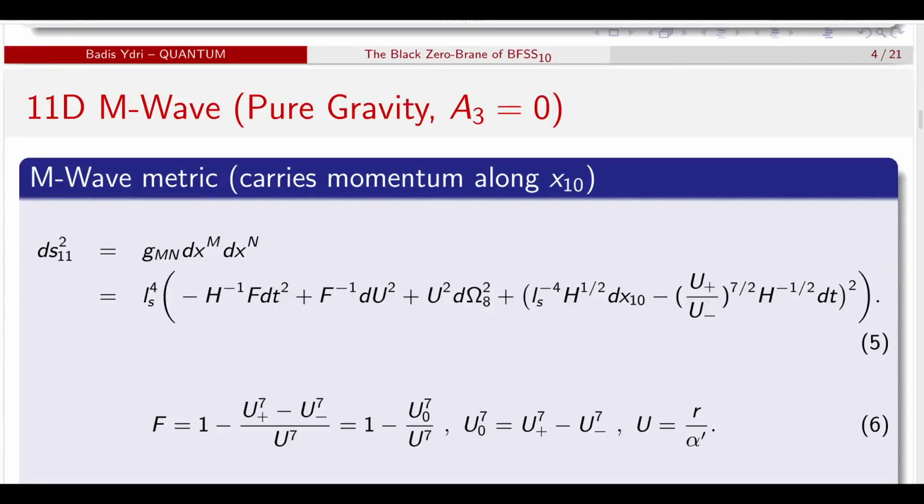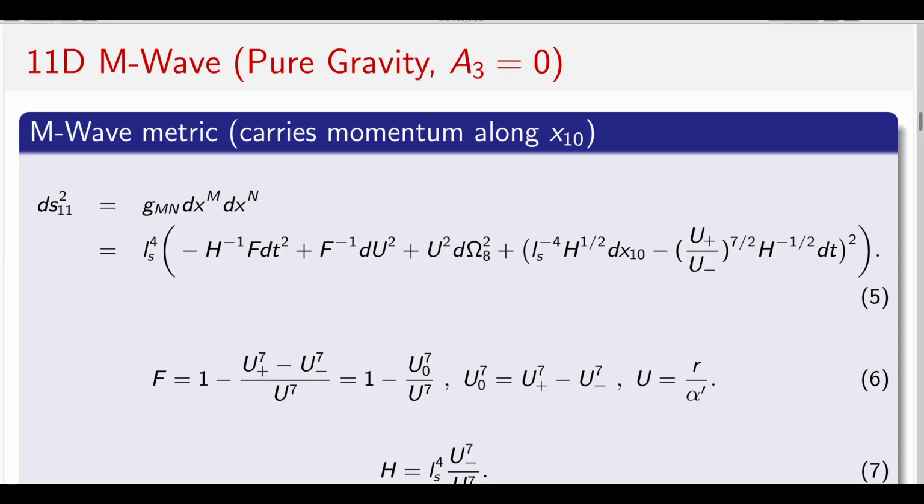We now turn to a specific classical solution of 11-dimensional supergravity, the M-wave. This is a purely gravitational configuration, meaning the three-form field A3 is set to 0. The M-wave carries momentum along the compact direction x10, and its metric is shown in equation 5. It involves three main functions, f, h, and the radial coordinate u.